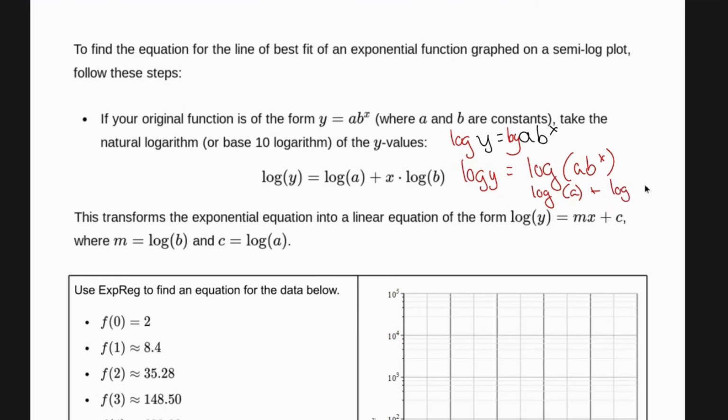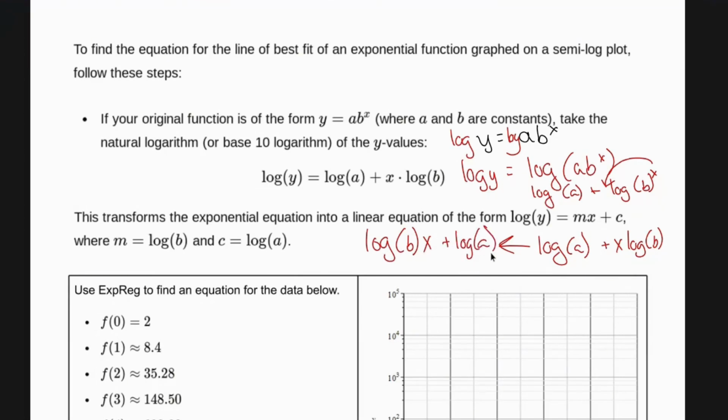So I get log of a and log of b to the x. But also, since there's an exponent there, I can drag that exponent down, so now it looks like log a plus x log b. And by shifting some things around, if I were to make that log b x plus log a, I know that b and a are going to represent numbers.